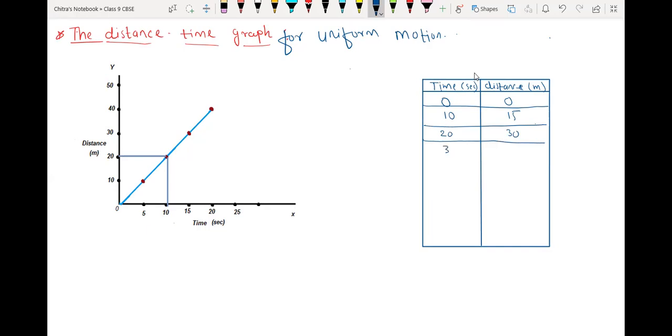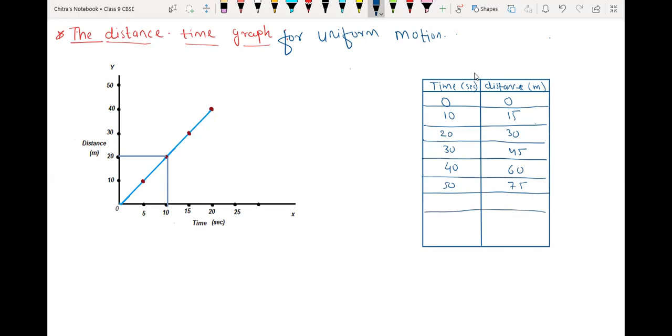After 30 seconds, the object covers 45 meters. At the 40th second, the object covers, it is an example only, 60 meters. After the 50th second, the object covers 75 meters, and so on.